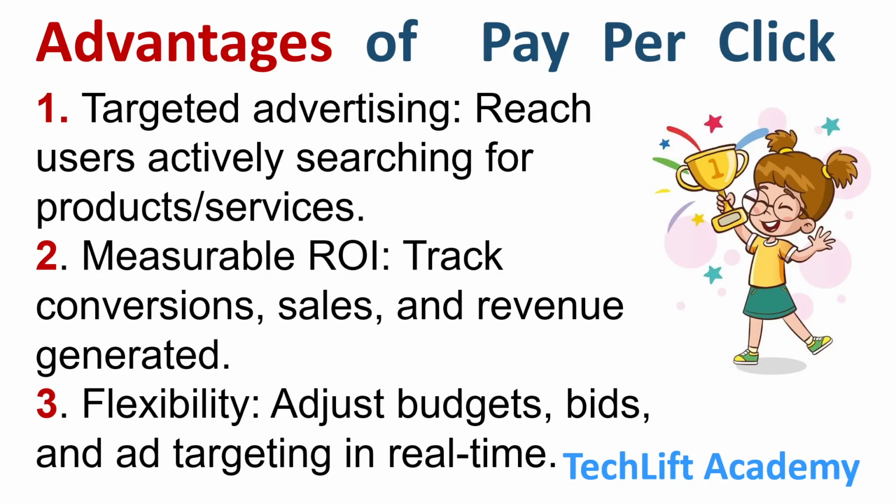We have measurable ROI. This is simply you're able to track your conversions, the sales you make, the sign-ups you make, the revenue you get from there. It is flexible. You can easily adjust your budget based on your target.